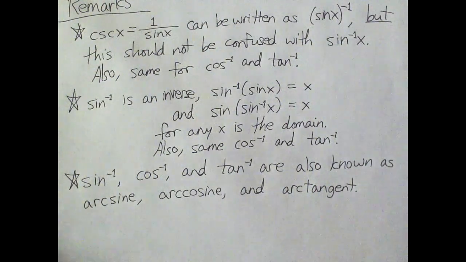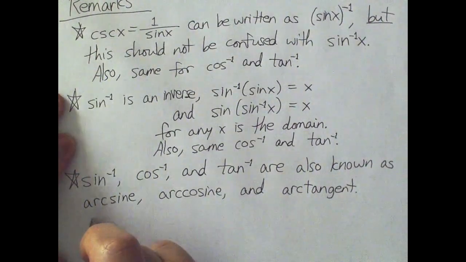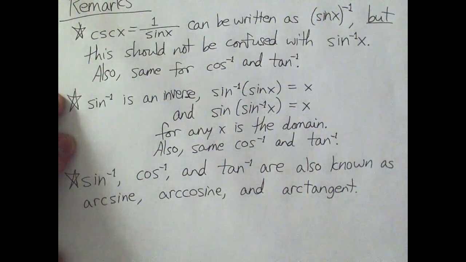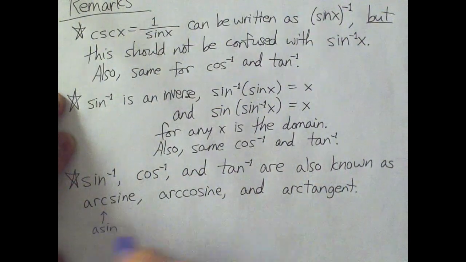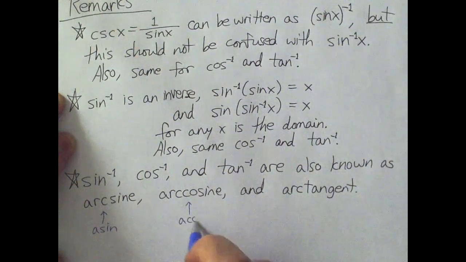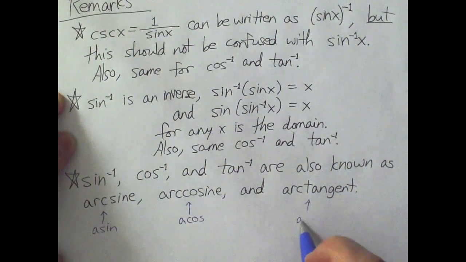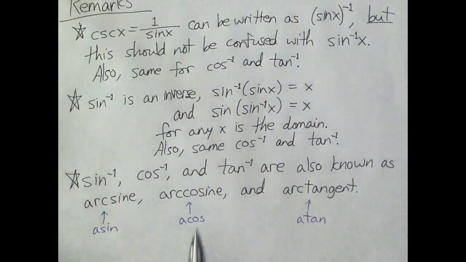I've seen this sometimes in computer programming or something, referred to as a sine, a cosine, a tan, as abbreviations for arc sine, arc cosine, arc tangent. So if you ever see those, I probably won't use those, but that's what they mean. Same three things that we've been talking about.